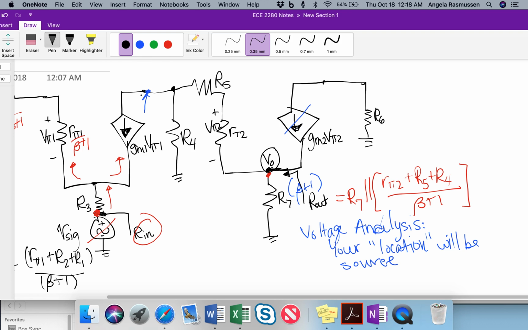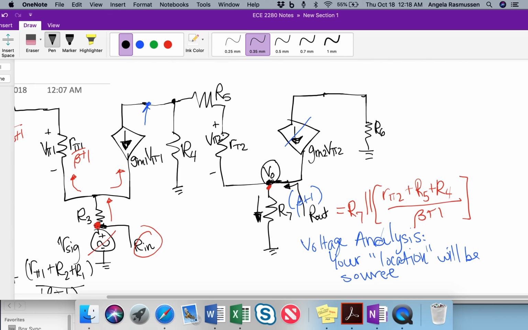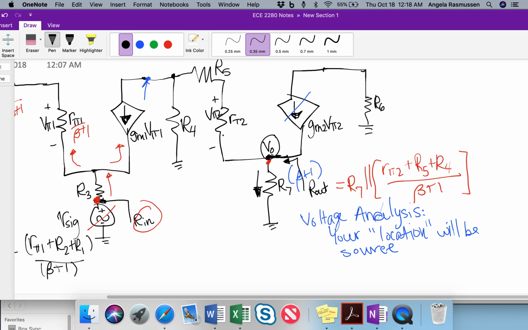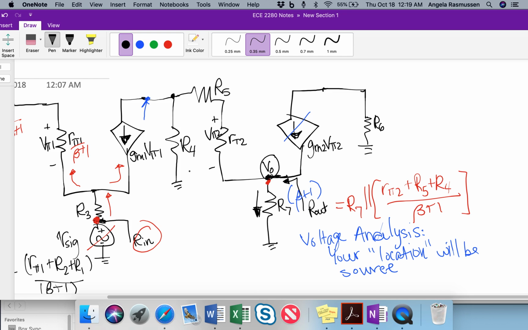So if I do that, I can see that I can do a current divider and find the current here, multiply it by R7 to get Vout. So that circuit would actually look like this. We can also analyze it a different way if we wanted to take the equivalent resistance at this node, find the voltage here, and then do a voltage divider with that resistance.